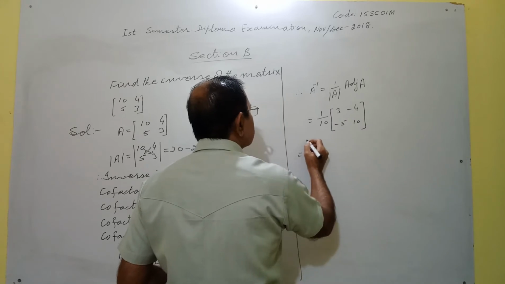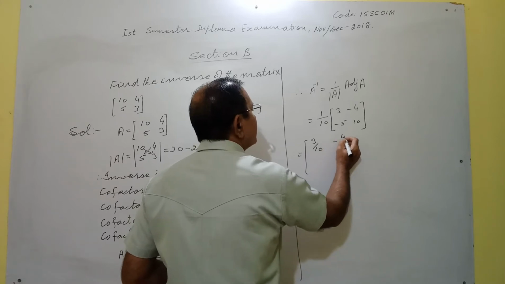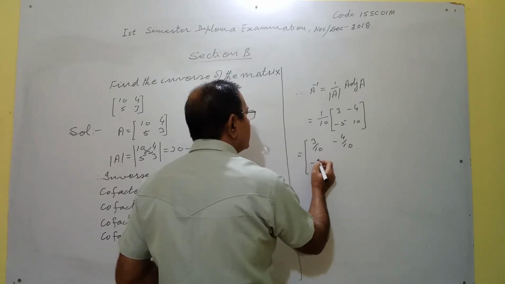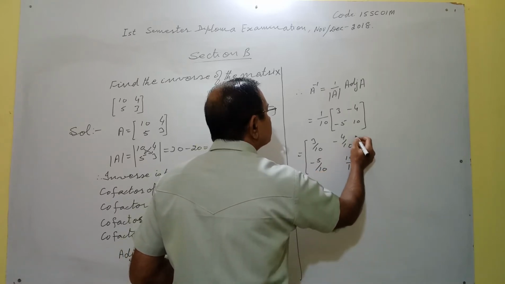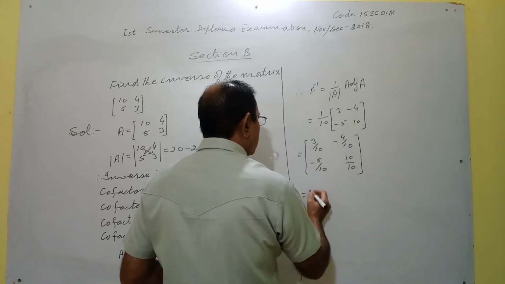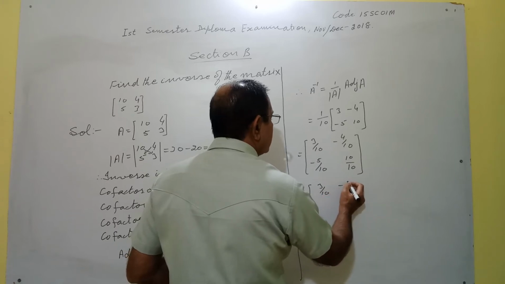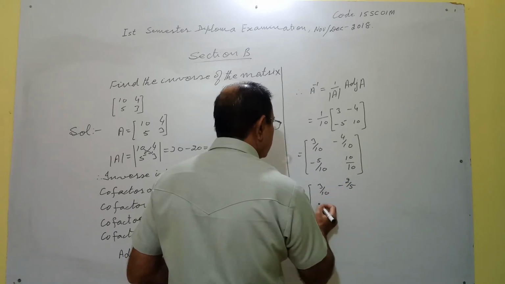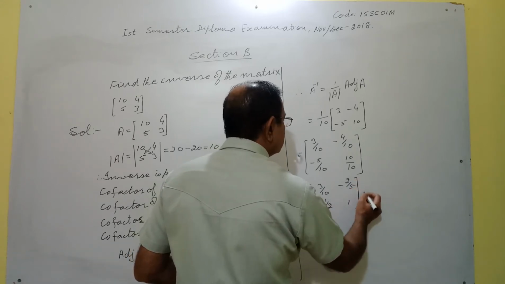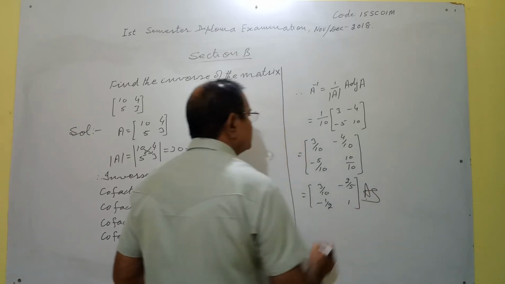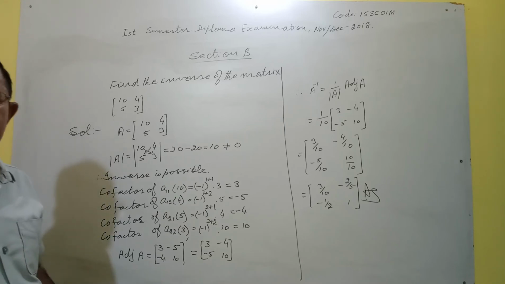Thus it can be written as 3 by 10, minus 4 by 10, minus 5 by 10, 10 by 10, which can be written as 3 by 10, minus 2 by 5, minus 1 by 2 and 1. So that will be the inverse of this matrix.